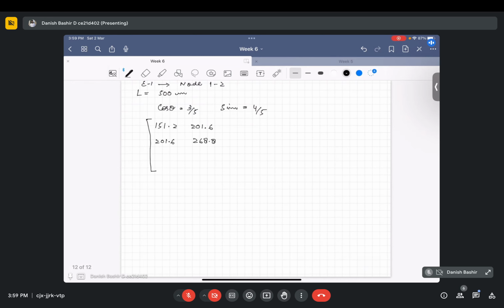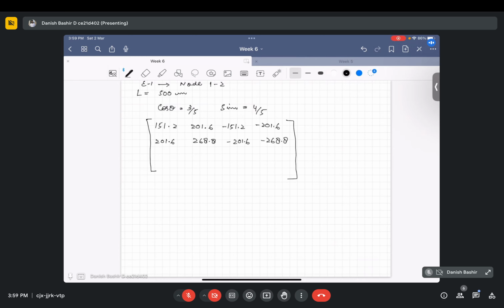So what you have to do, you have to transport it to this side with minus sign. Only this is minus 151.2, minus 201.6, similarly minus 201.6, minus 268.8.